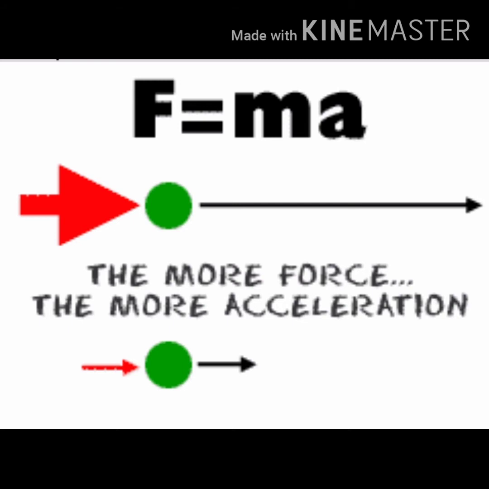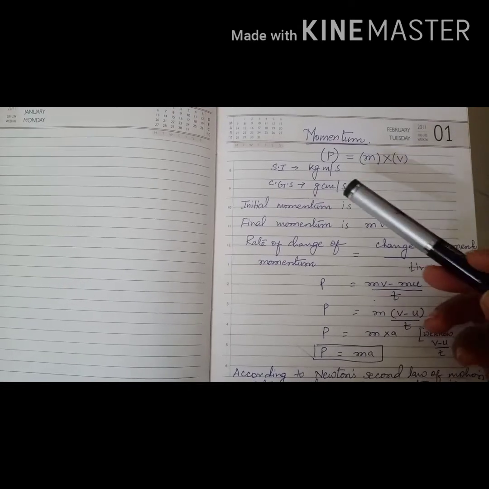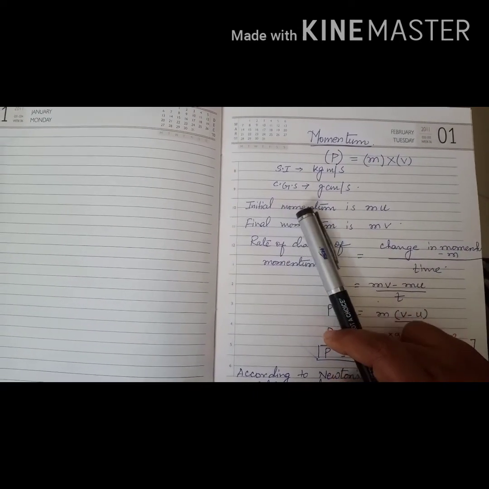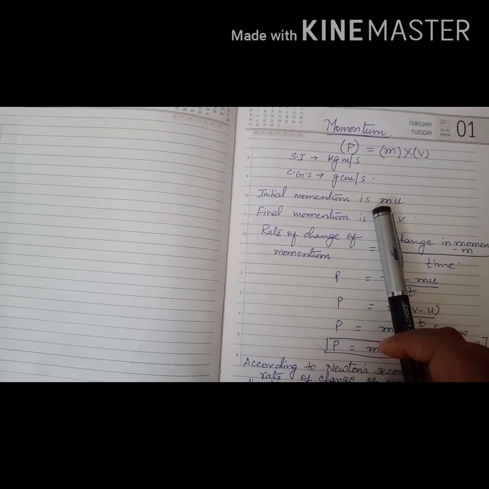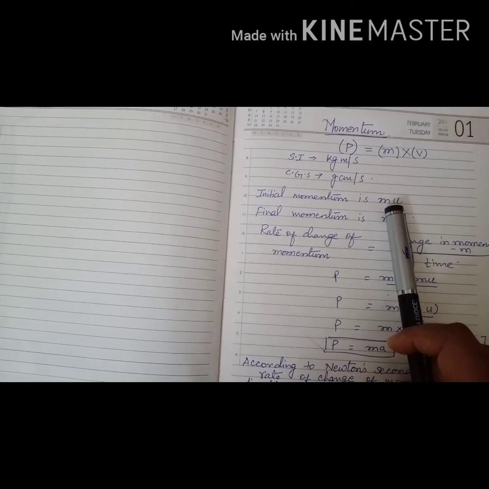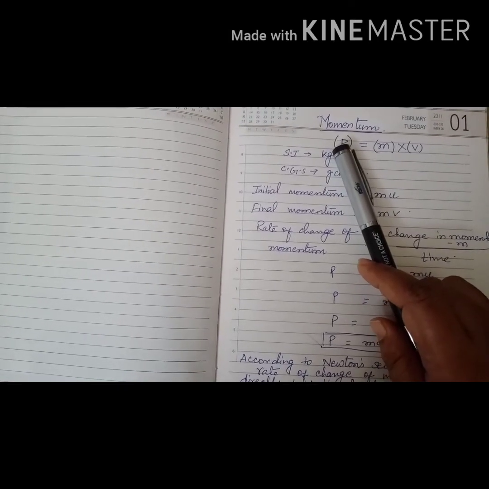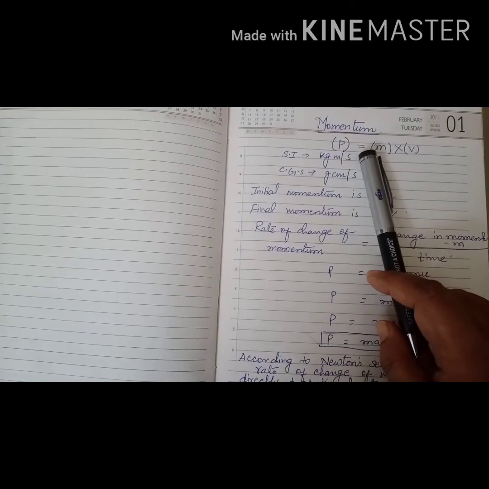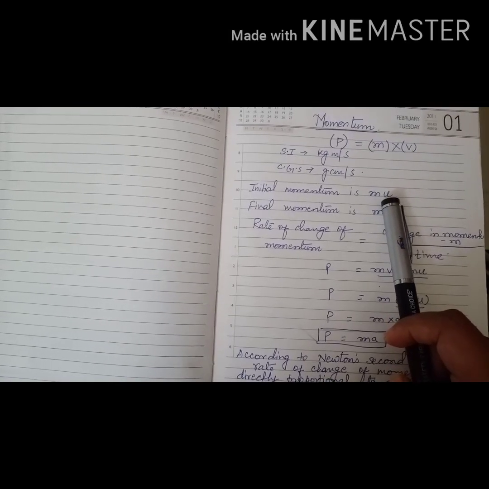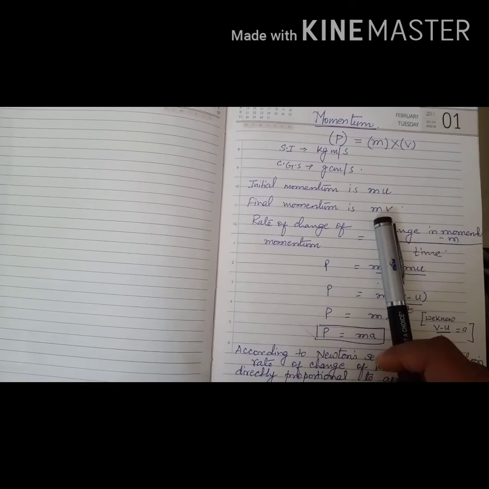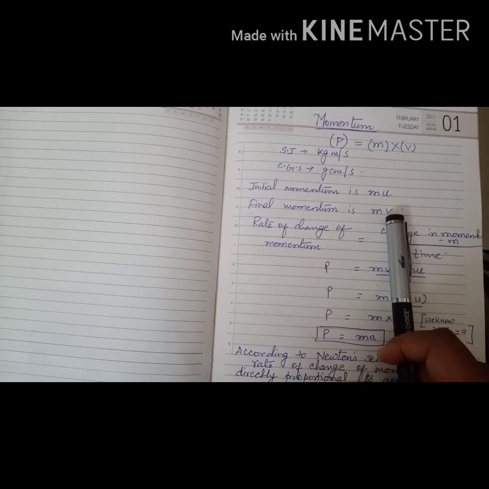Now look, I have tried explaining the second law of motion through momentum, where change in momentum is proportional to force. So if the body is at rest or in any motion also, the initial momentum will be the product of mass and its velocity. I have written here P, which is momentum, is the product of mass and velocity. So initial momentum will be m into u, and final momentum will be m into v.